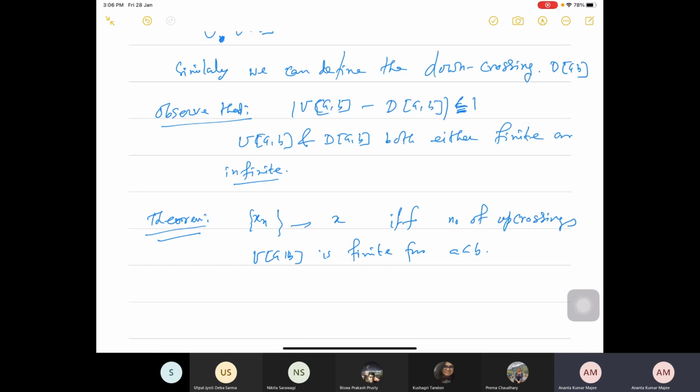Intuitively it is clear: if the number of up crossings or down crossings by the sequence x_n is not finite, then x_n cannot converge to an extended real number x. We will use this idea in our case, in particular for the martingale or sub-martingale case, and try to show whether x_n converges to x almost surely or not.